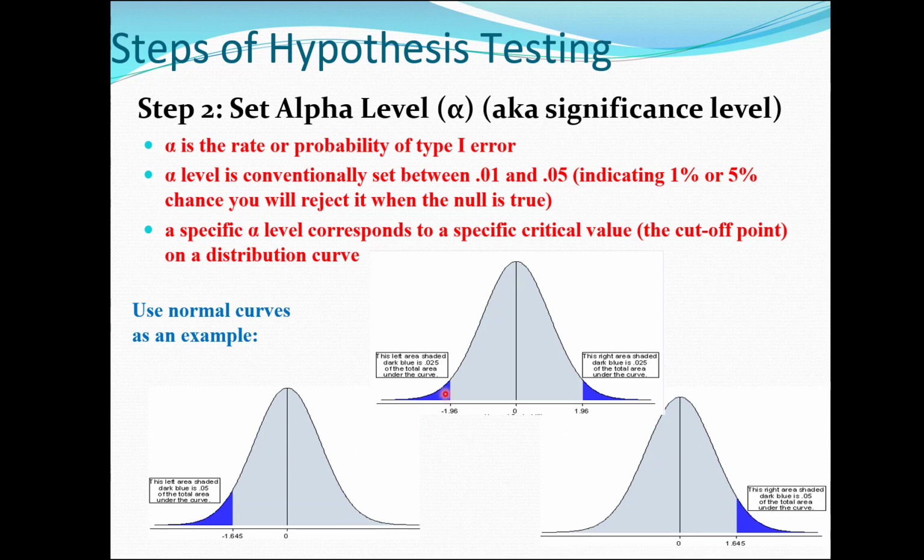Please look at those blue shaded areas I have on these three graphs, and also look at these numbers here. So my question is, do these numbers and shaded areas ring a bell about anything we talked about before? I hope your answer is that these blue areas and these numbers remind you of test statistic and p-value.